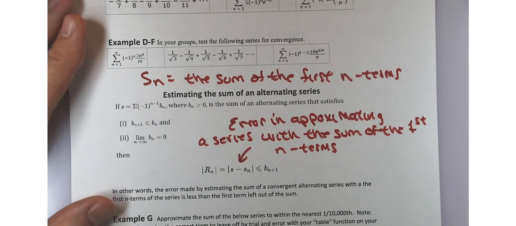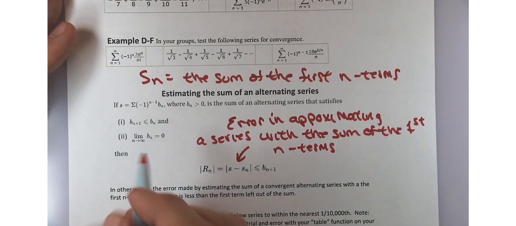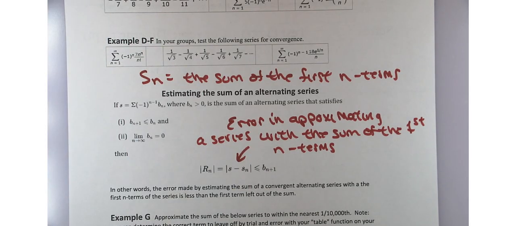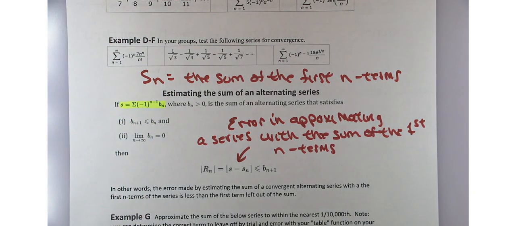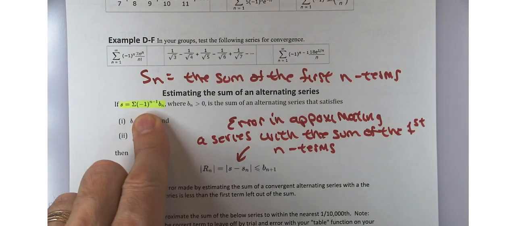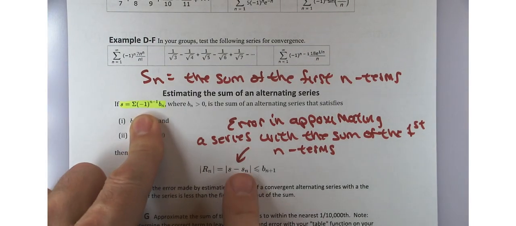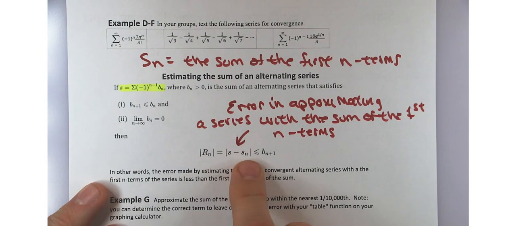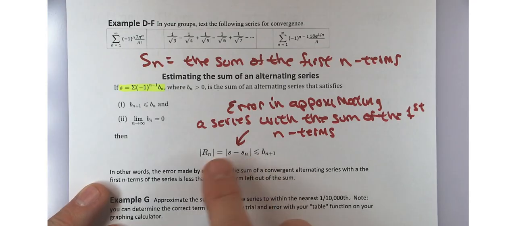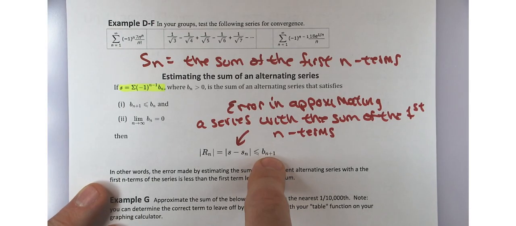That's exactly what you're calculating here. I don't know if you caught this in here or not, but S is just the sum of that series. S sub n is, recognizing that we're finite creatures, we can't always add up an infinite number of terms in a series. So the best we can do sometimes is approximate it with the sum of the first n terms. And when we do that, the error that we're going to make, or the remainder that we get, is going to be less than the first term that we leave off.